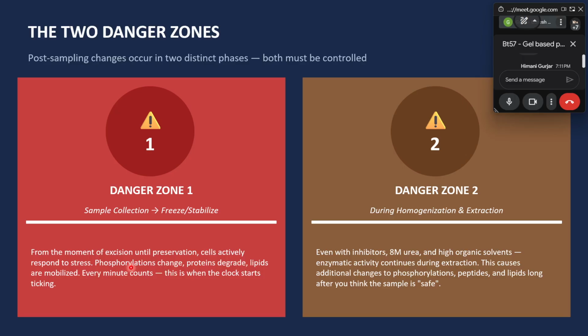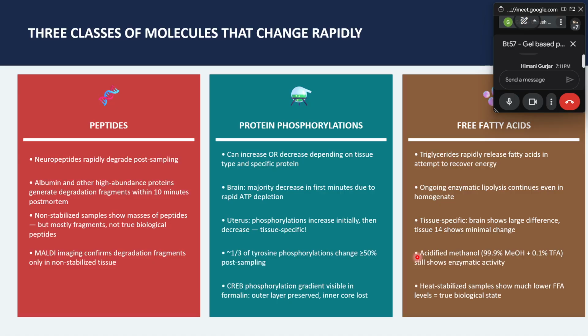During that process, phosphorylation changes, proteins will degrade, and every minute is responsible for certain changes in your sample. Similarly, while you are doing the extraction, you'll add certain inhibitors, you'll add urea, you'll add organic solvent to lyse the cells, etc. All this will be responsible for additional changes to phosphorylation, peptides, lipids, etc. Although you are thinking that your sample is safe because you are adding this, due to the addition of this, a lot of changes are happening inside the sample.